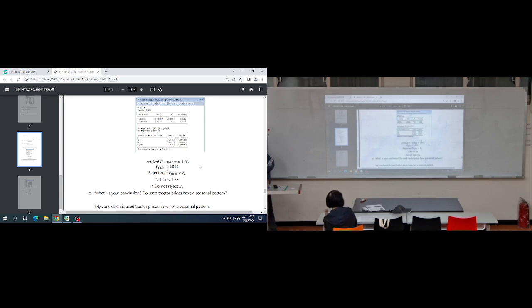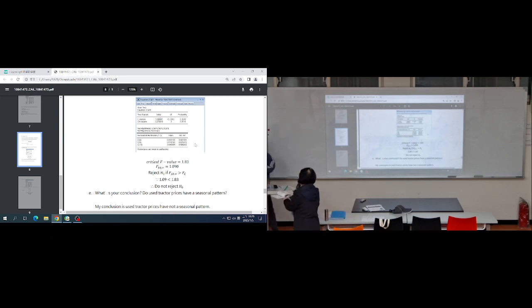If you want to see from F tables, you need to know the degrees of freedom from numerator and denominator. What is the numerator here? It is already there. 3, right? And what's the alpha level here? Do you have a book with you? No, I use textbook.